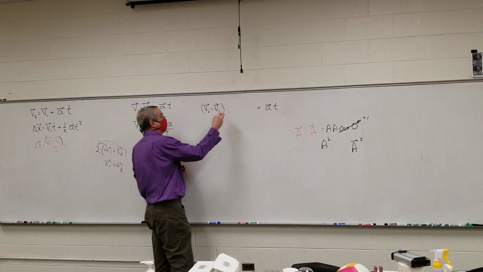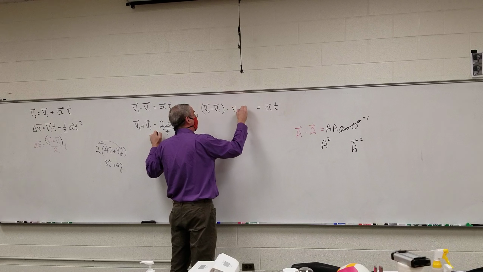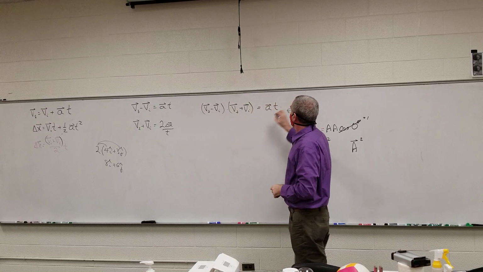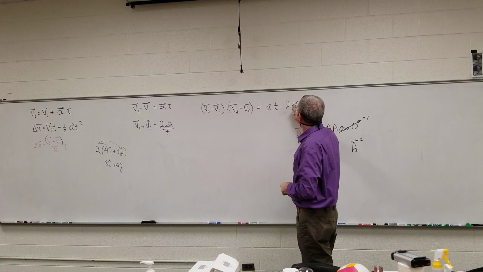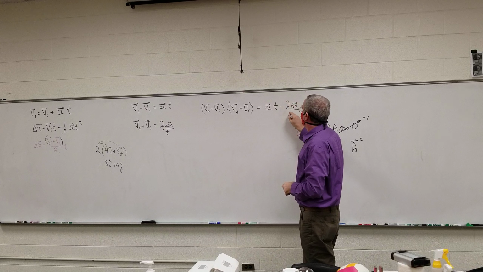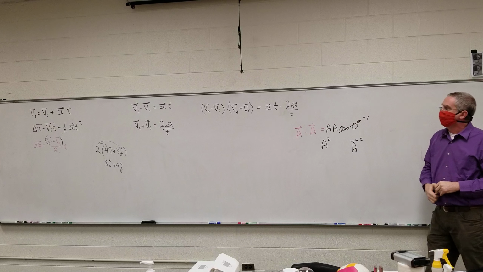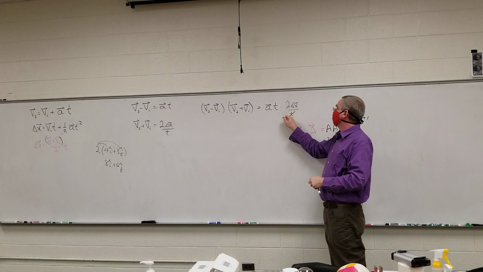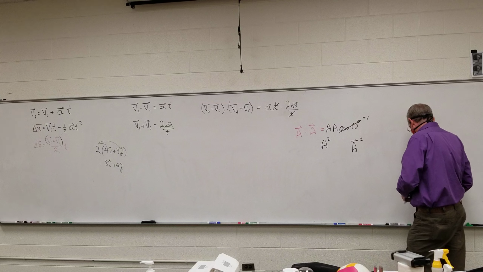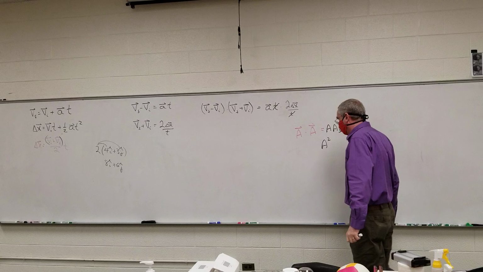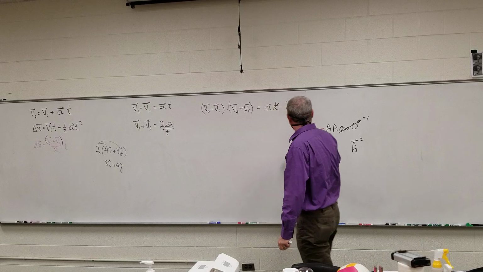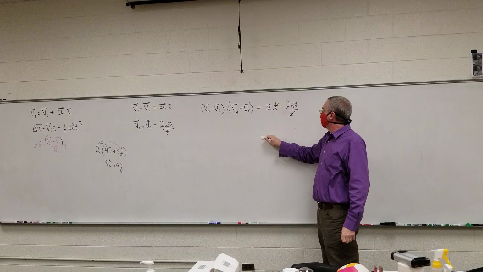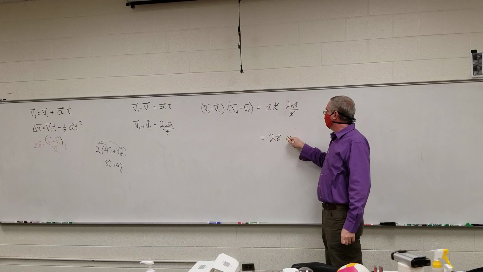So I'm going to multiply the left side by VF plus VI, and multiply the right side by what that is equal to, which is 2 delta x over t. Well, time cancels out, because in physics, we have the power to make time go away. So I'm left with 2a dot delta x.